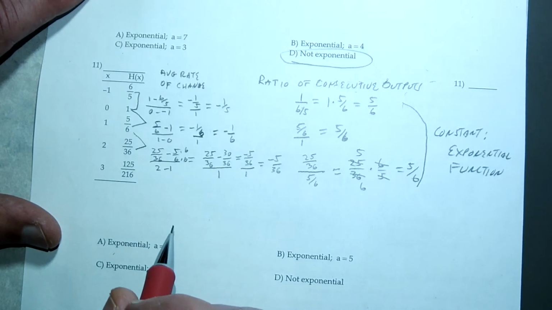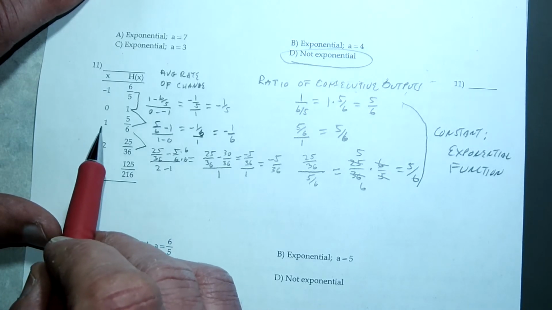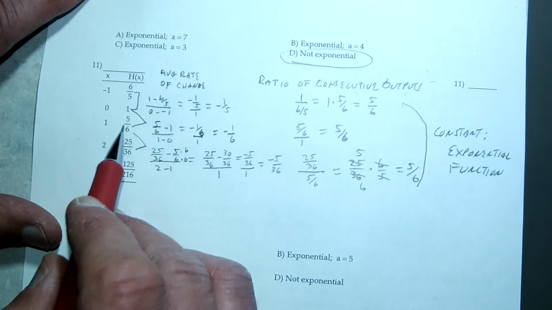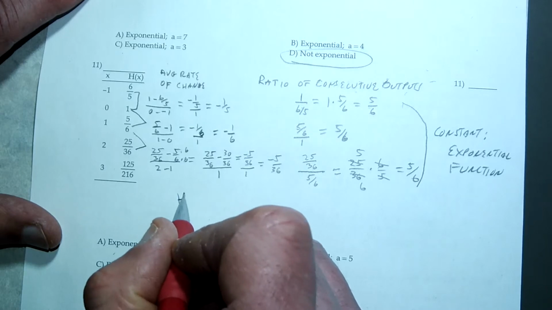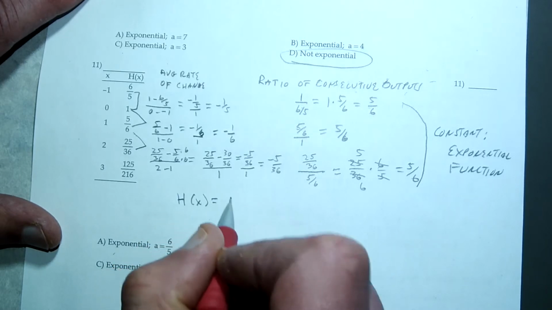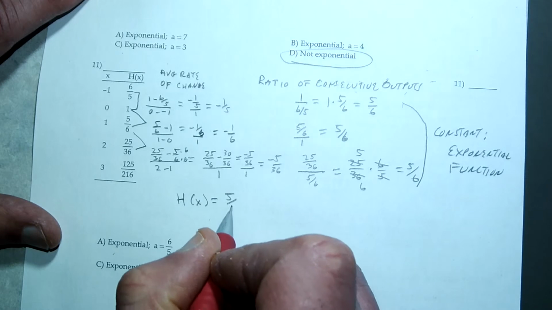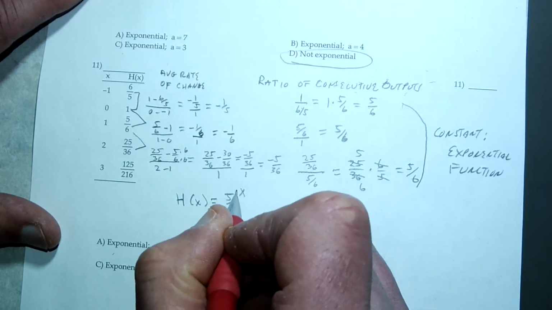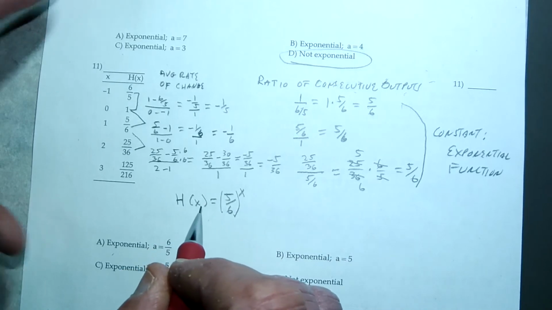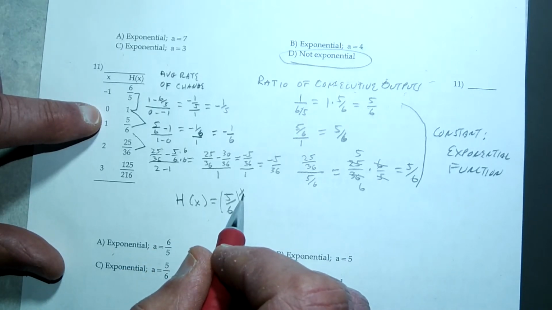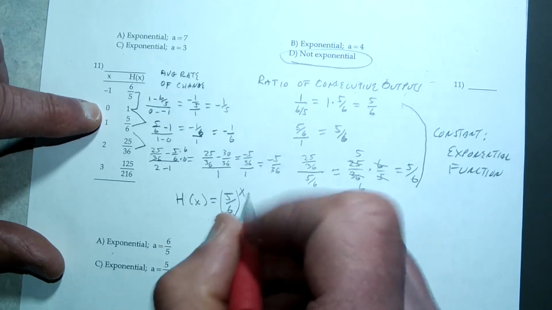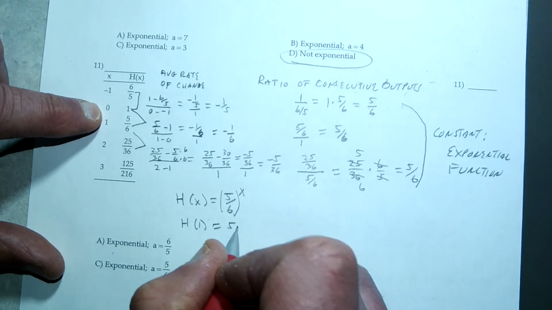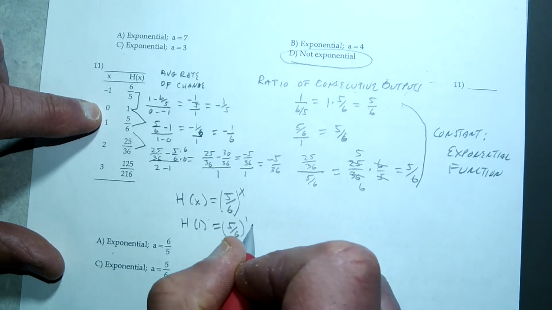Well, when x was 1, that's going to help me here, because I get 5/6 for an output. I have a feeling that what we have as a function is 5/6 raised to the x power, because when x was 1, I got 5/6 for an output, right? For example, h of 1 would be this.